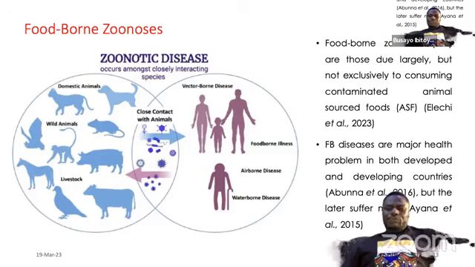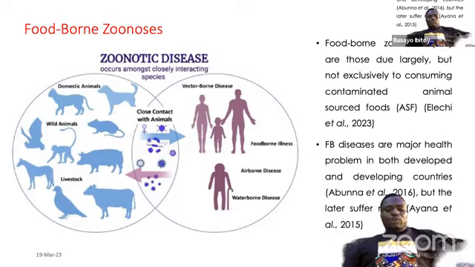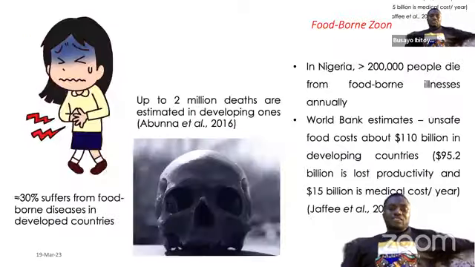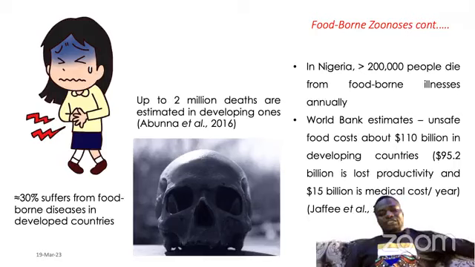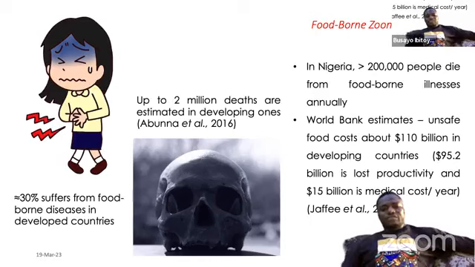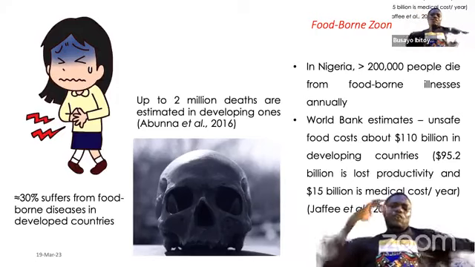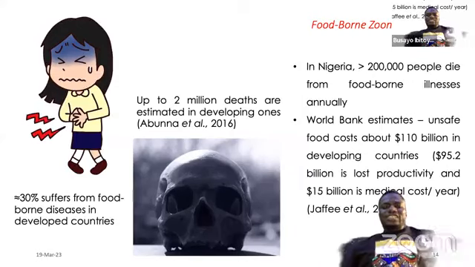However, developing countries tend to suffer more from foodborne illnesses. WHO has reported that about 30% of people in developed countries suffer from foodborne diseases, while in developing countries, almost 2 million deaths have been reported due to foodborne diseases. In Nigeria, over 200,000 people die annually as a result of foodborne illnesses.